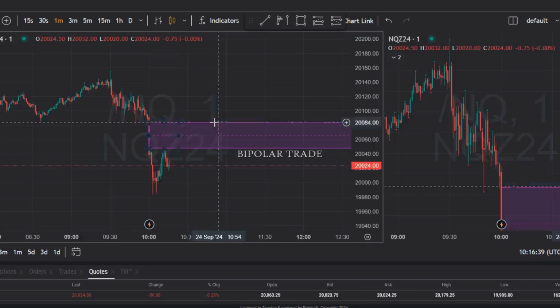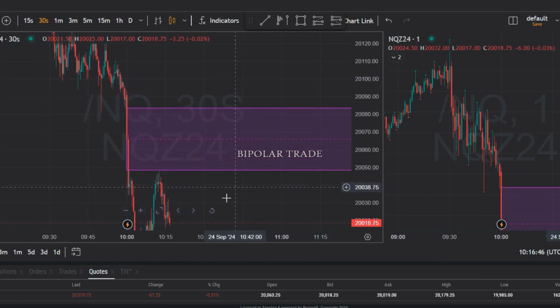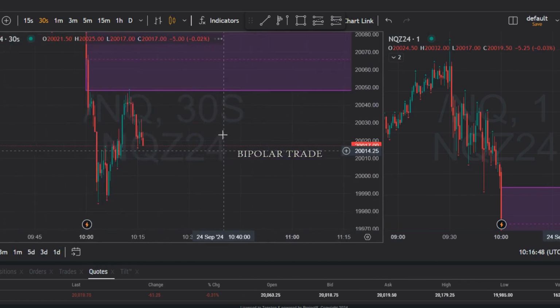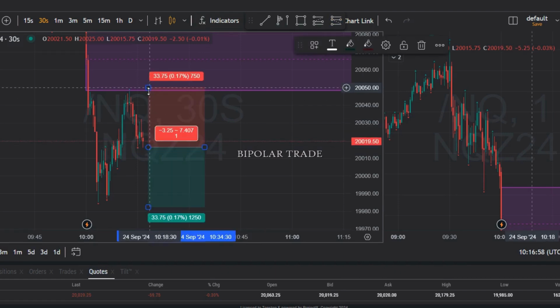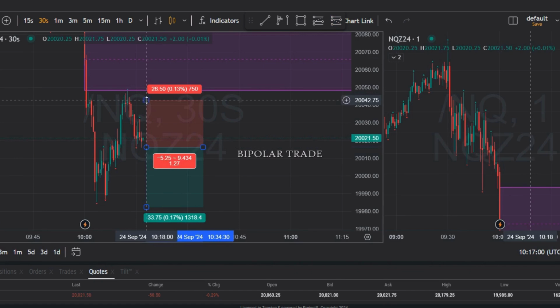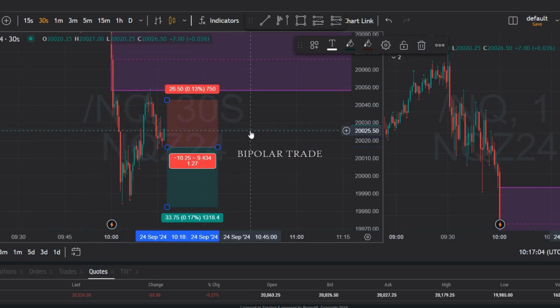See, in 30 seconds, do we get anything? So there is a small rejection point here. If it closes below this, we can enter here and have a stop loss here.